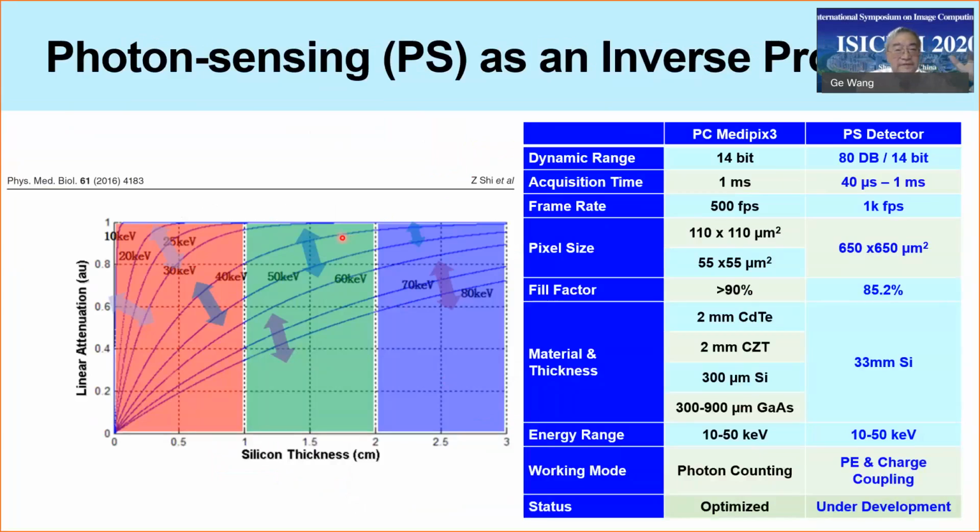The relative absorption coefficients are different. Therefore, you can solve linear equations to get energy-sensitive information. We call this photon sensing mode, and it can be treated as an inverse problem. This can also be solved using deep learning.